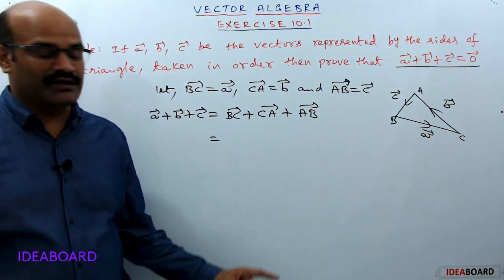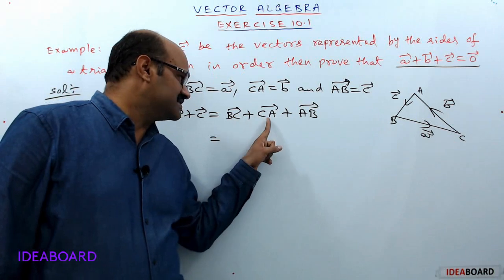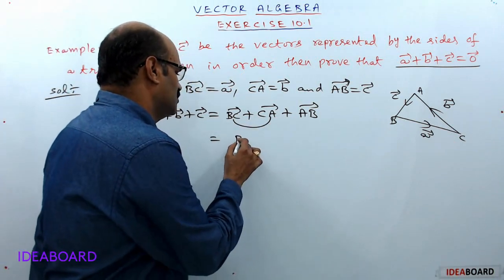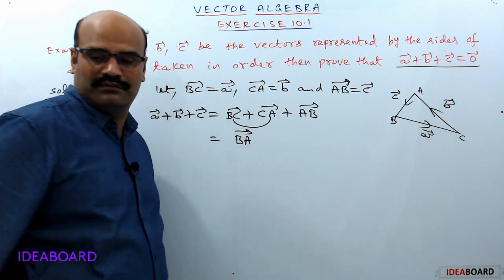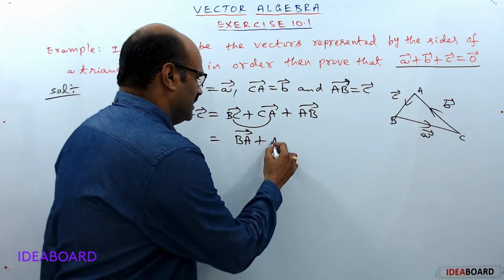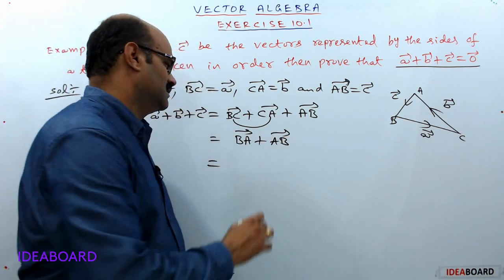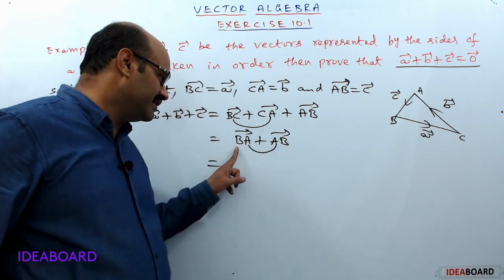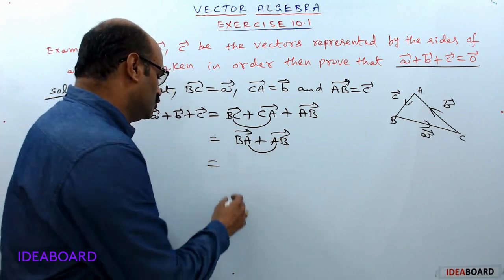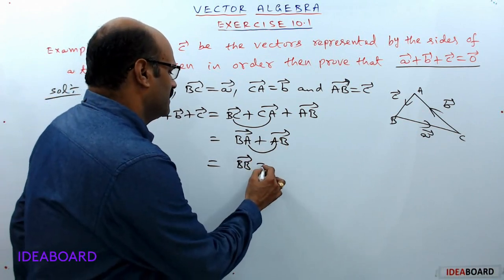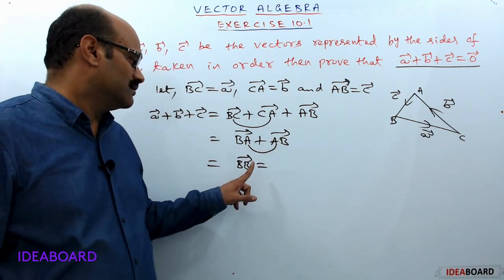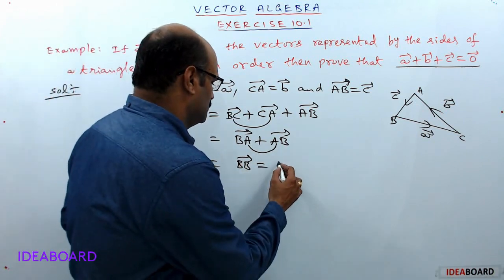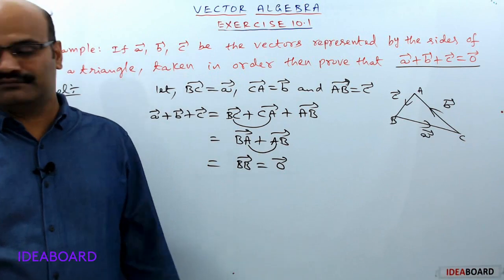By triangle law, BC vector plus CA vector is always equal to BA vector, so BA vector plus AB vector. Since these two are the same, we can take this as BB vector. BB vector is nothing but the null vector. So it's a null vector.